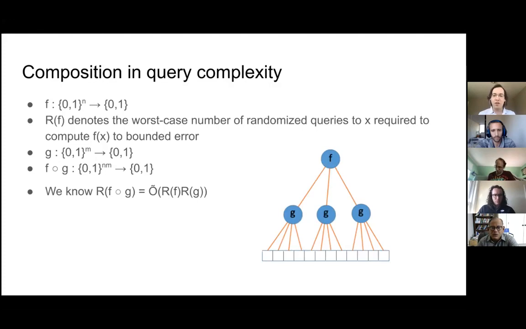You can see this by imagining running an algorithm. If this algorithm wants to query a bit of the input to f, then you run the algorithm for g as a subroutine for that bit. You need a log factor from amplification, but otherwise this is the strategy. So is it true that the randomized query complexity of f compose g is at least the randomized query complexity of f times the randomized query complexity of g?